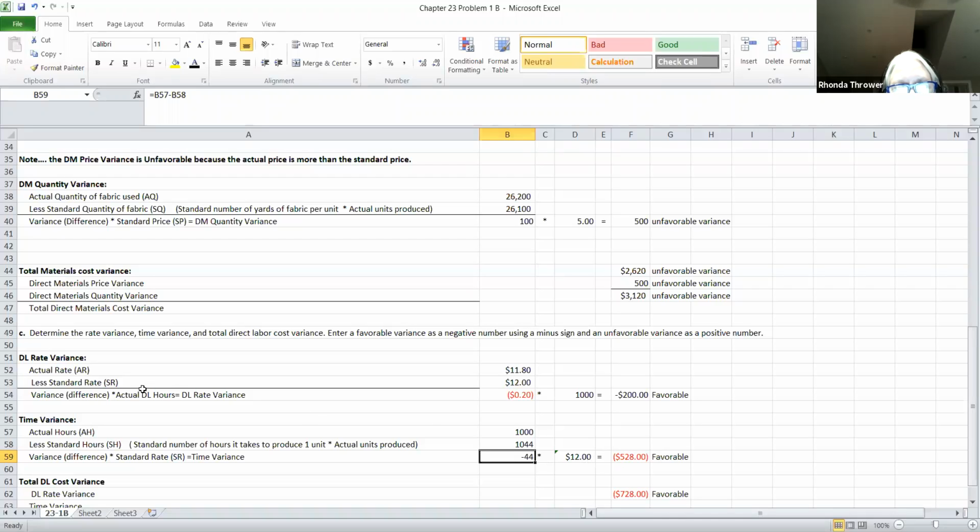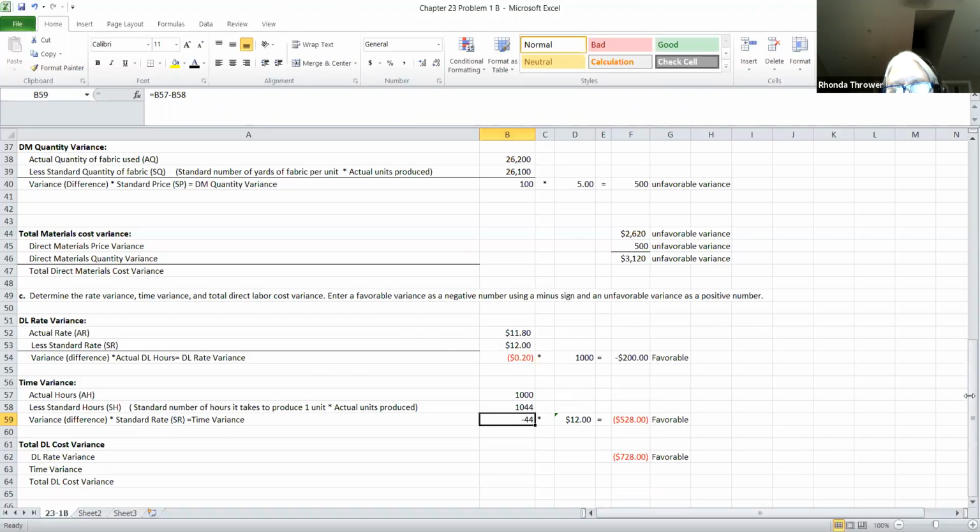You can get that at the top of the page, but you've also got it calculated right here already. So you just enter it in from here. So 44 hours times $12 per hour gives you a $528 favorable variance. And that's your time variance.